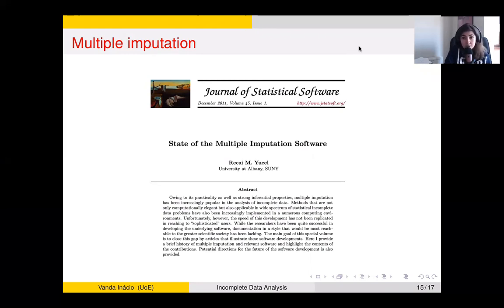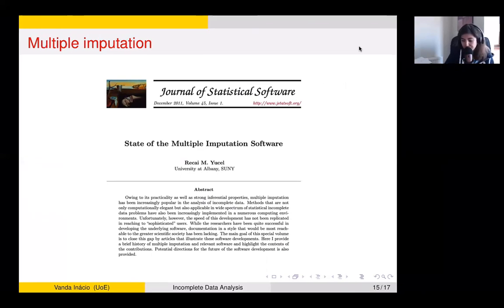This was a special issue about software developed for multiple imputation, published in 2011, and in this collection of articles we have the article describing the mice package that we will be paying attention to next week and the week after.